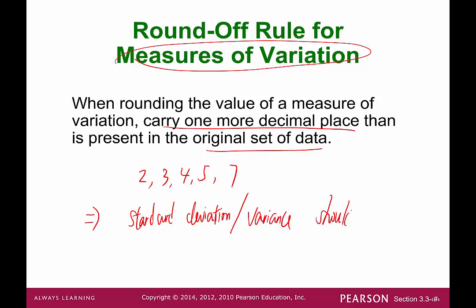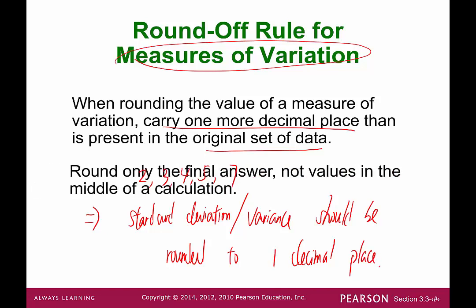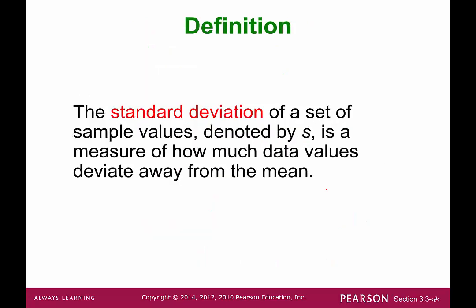And also, just round the final answer, not a value in the middle of the calculation. That's important. Do not round in the middle of the calculation, just round the final answer.